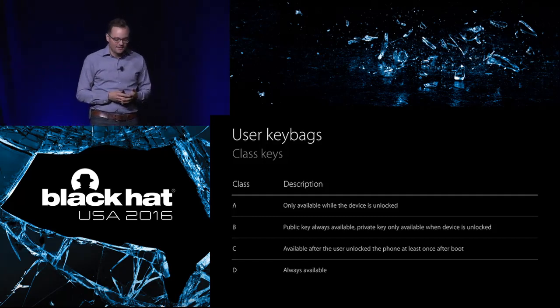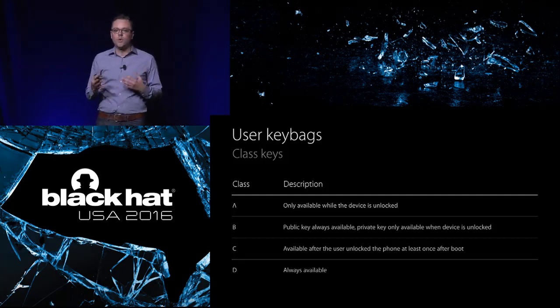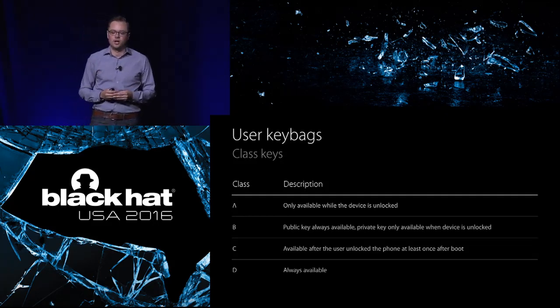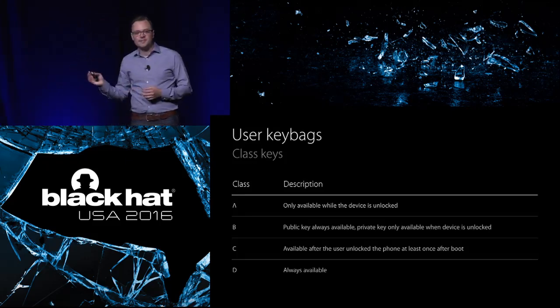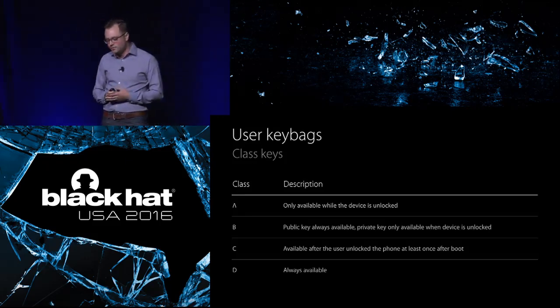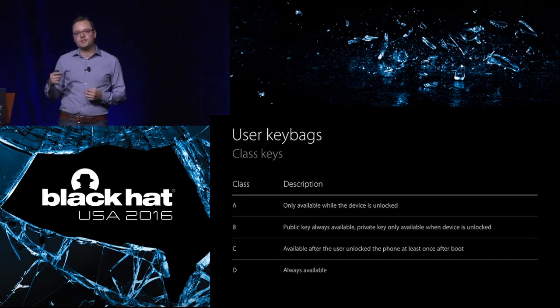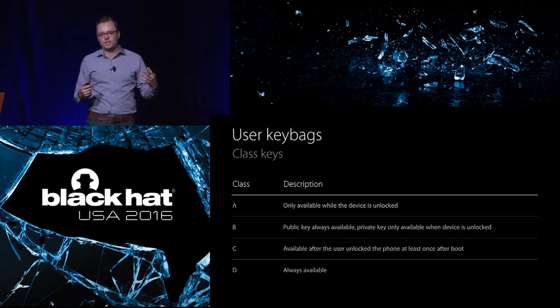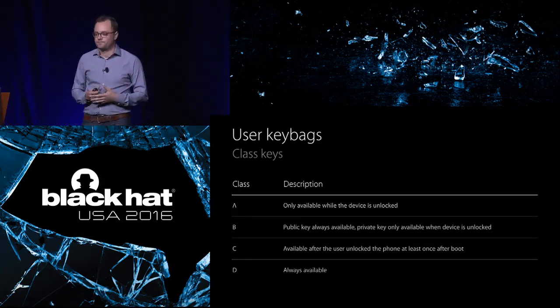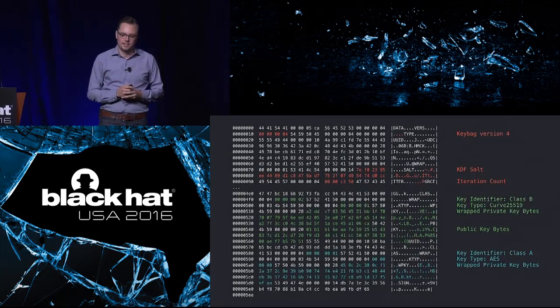And yet class A is stronger. These are only available while the user is actively using the unlocked device. Now, mind you, classes A, C, and D, these are 256-bit AES keys. For class B, it's actually a key pair with curve 25519. And what that lets us do is make the public key always available, but the private key is only available while the device is unlocked. So I'll explain about that in a moment.